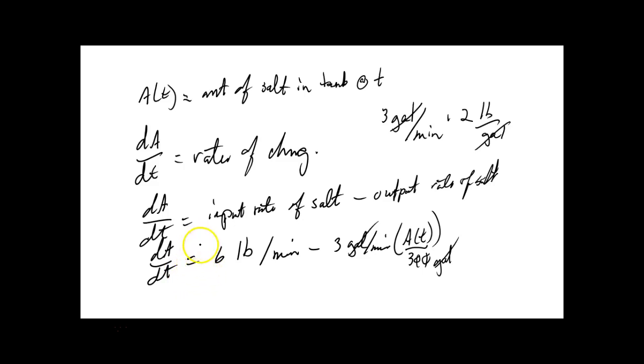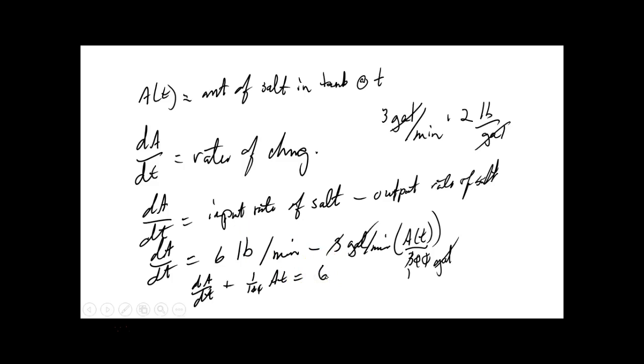But your differential equation is rewritten just slightly here. dA/dt, and there's a reason they rewrite it this way. 3 will go into 300 100 times, so move that to the other side, plus 1 over 100 A of t, and leave this on this side, is equal to 6.